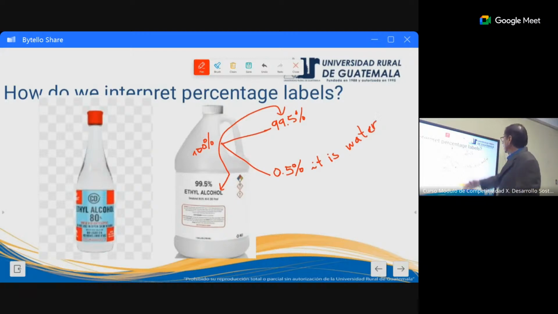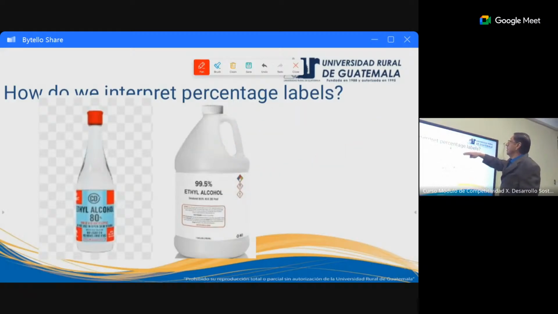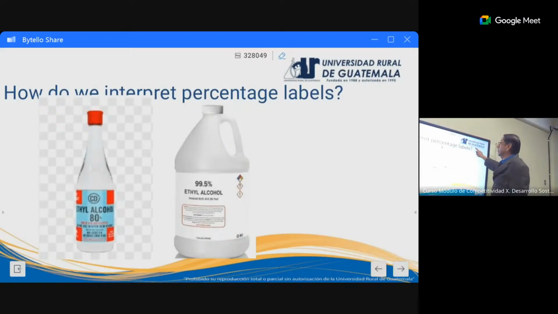So this way, we are able to interpret this type of information that we see over these bottles.